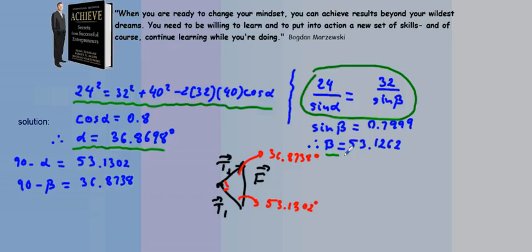So given the ratio, beta is 53.1262 degrees approximately. So now, since you recall the force diagram from the previous page, we needed to find the complementary angles, 90 minus alpha and 90 minus beta. So this is why we have the following values.